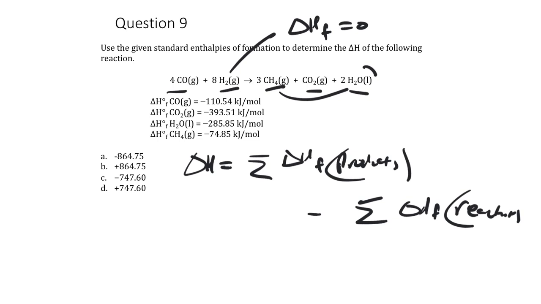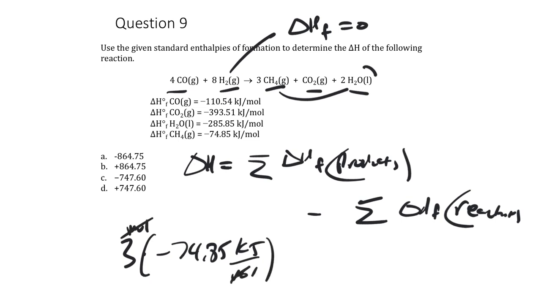So I'm going to do 3 times minus 74.85. The way this works is it's 3 moles times the 74.85 kJs per mole, plus CO2. So 1 mole times negative 393.51 kJs per mole.